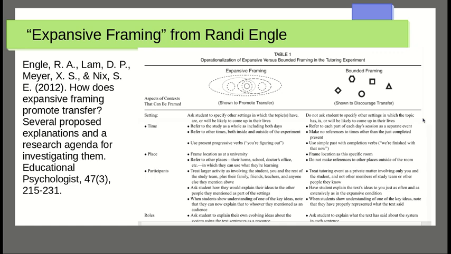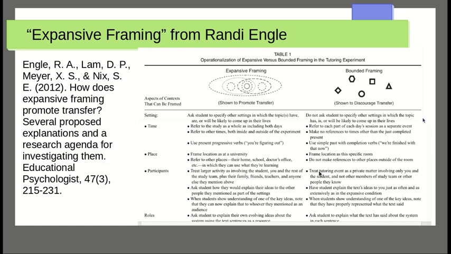Another thing that can be framed, another part of the social context, is the participants. If we go back to the previous slide, in an expansive framing, they would treat the larger activity as involving the student, you and the rest of the study team, plus their family, their friends, teachers, anyone else that they mention.